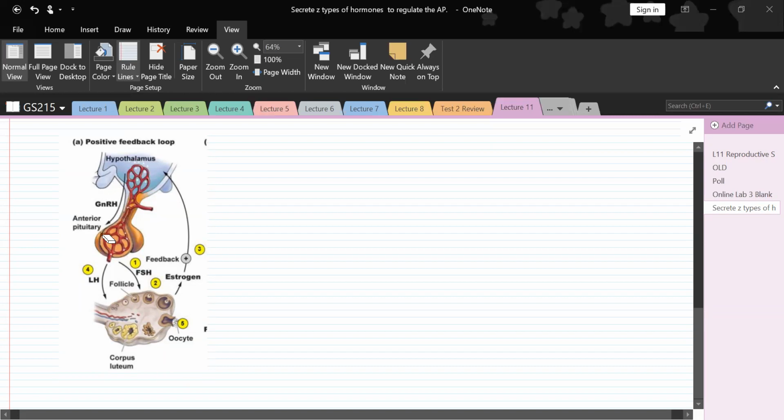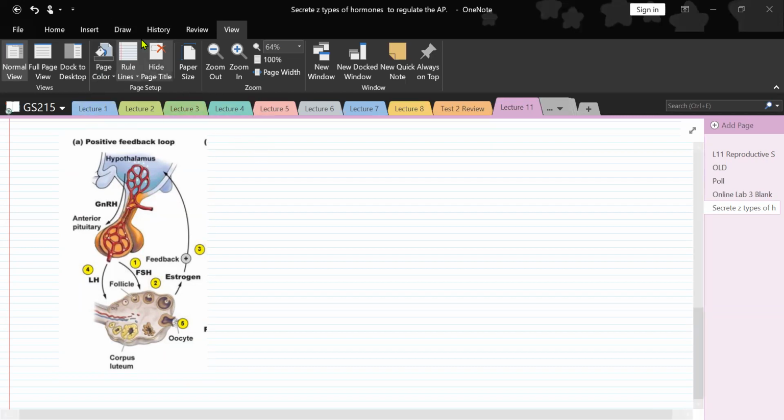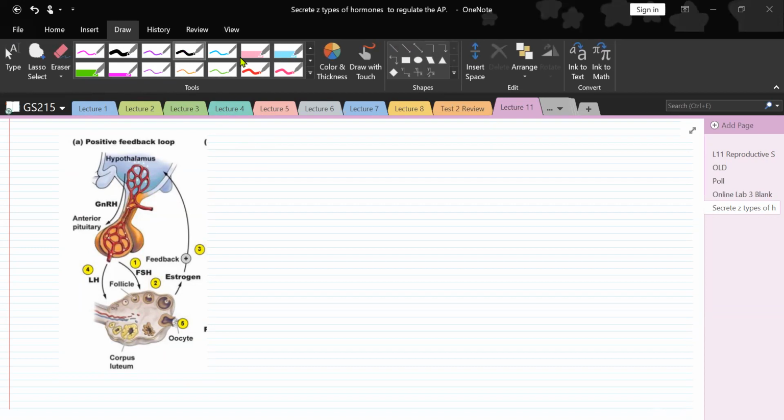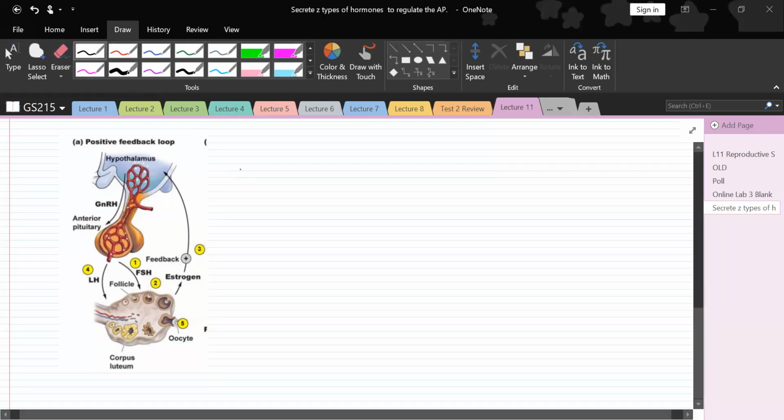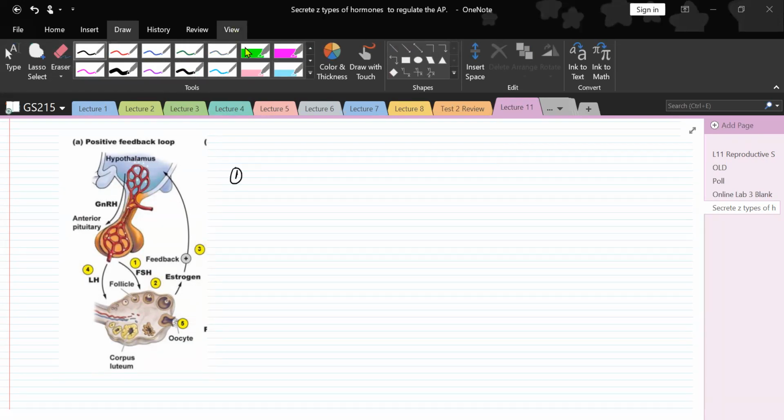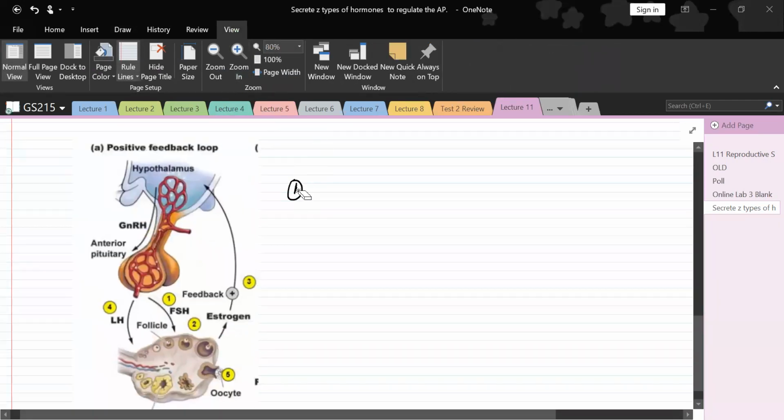And that's the permission to allow the anterior pituitary gland to release FSH. Okay, so that's what we're going to write. We're going to write down what's happening here, and we're going to talk more about it as we write them.